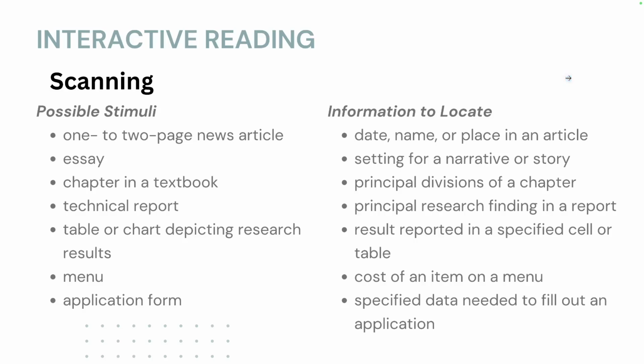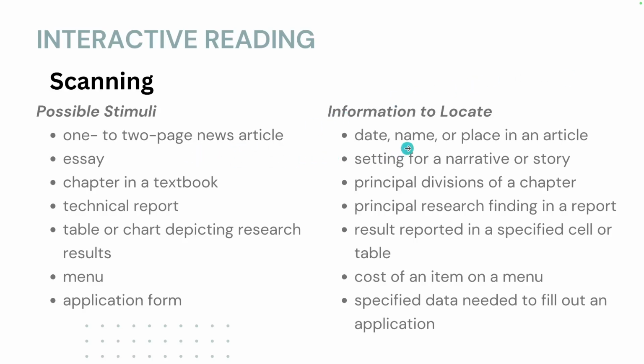Okay, so possible stimuli that you could give your students in a scanning item. You can give them a 1 to 2 page news article, essay, chapter in a book, technical report, a table or chart that depicts research results, a menu, an application form, and on and on. Basically any genre is fine. So what's some information that you would have them find?